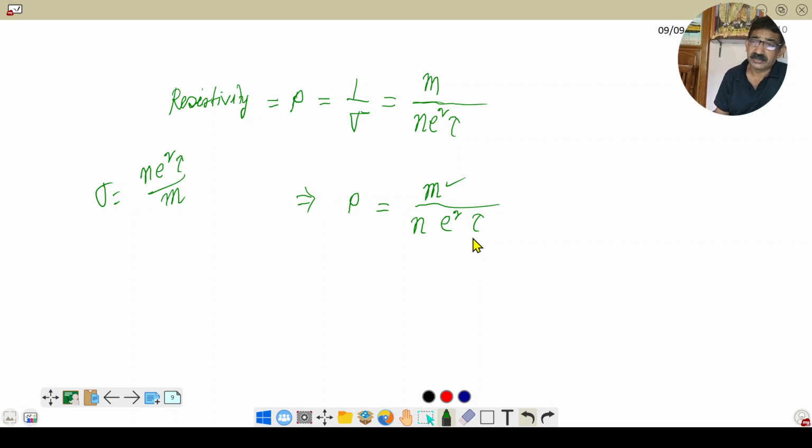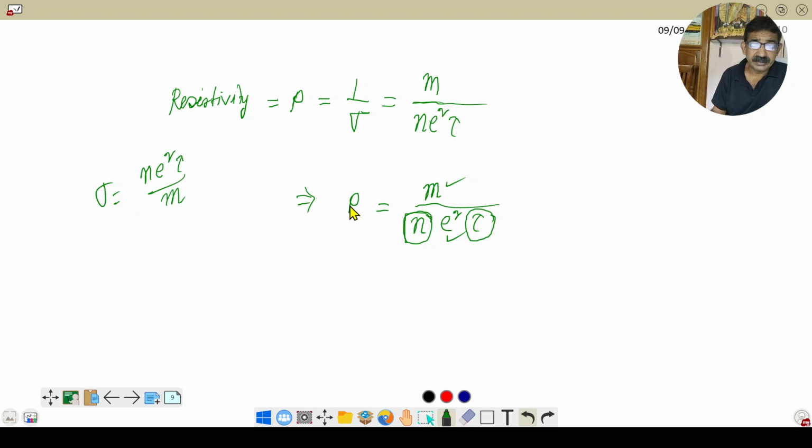Mass of the electron is fixed. Charge of the electron is fixed. Number density, that means the number of free electrons per unit volume, varies from conductor to conductor. That changes. And the average relaxation time also changes depending upon the situation.